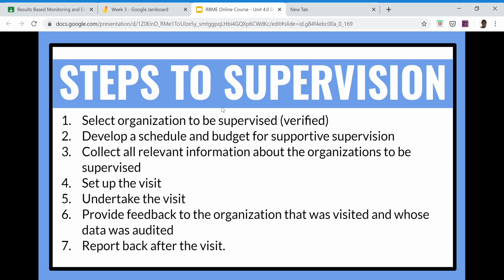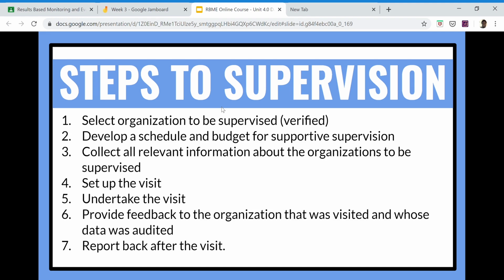And there are different ways in which you can conduct data auditing. We discussed observation, how you can observe. We discussed tracing and verification, so looking at the numbers reported, making sure it's actually what they have in their system.